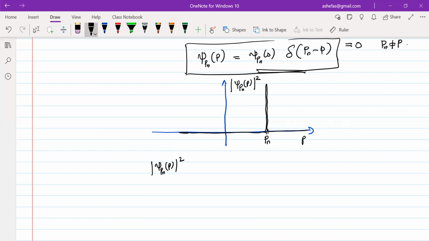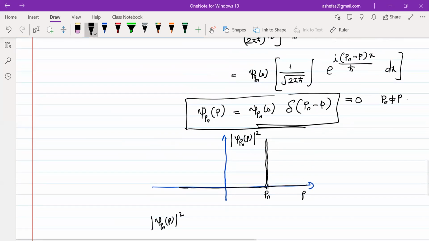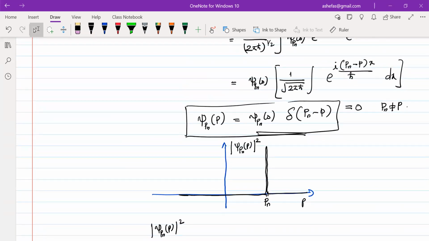That interpretation may be required at some point, but usually we will represent in the position basis. It is always possible to move from the position basis to the momentum basis or vice versa. So I think this gives a pretty good idea about the momentum eigenvector or the momentum eigenfunction.